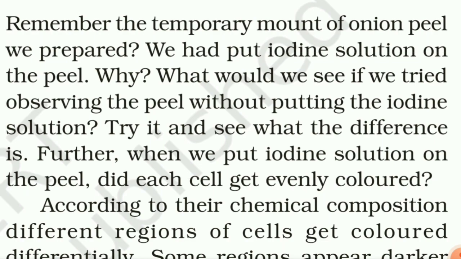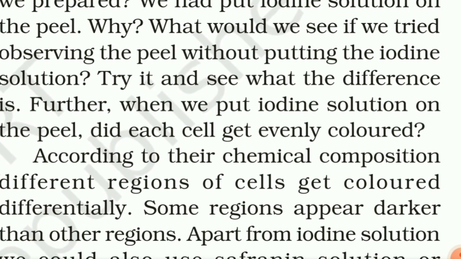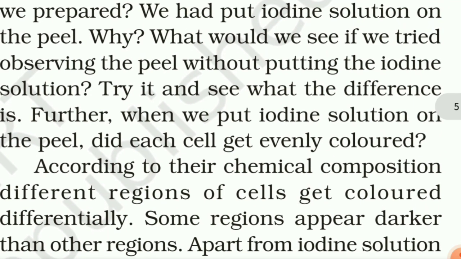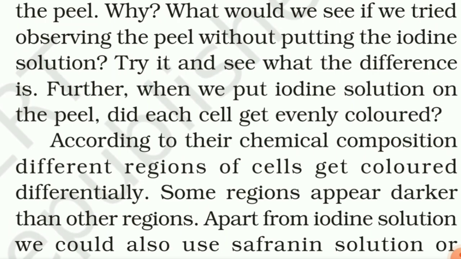In the laboratory you would have observed the onion peel cells with iodine or saffron solution put on it, seen it under the microscope, and written it in your record book also. Iodine solution gives color to the peel so that we can see the peel well. So try it and see what the difference is.